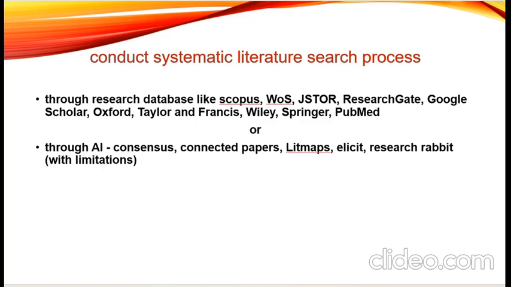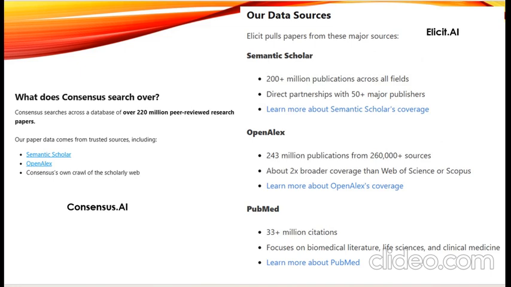If you are collecting literature using AIs, that AI has some limitations. For example, see, Consensus AI shows that they are extracting the literature from Google, Semantic Scholar and OpenAlex alone. See, Elicit AI mentions that they are collecting the literature from PubMed, Semantic Scholar, OpenAlex alone.